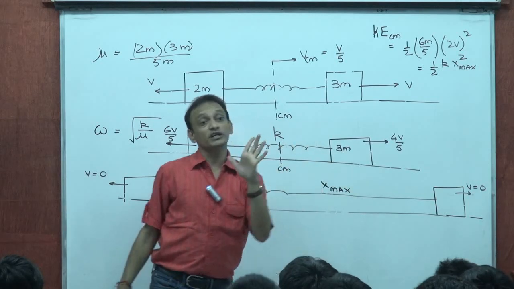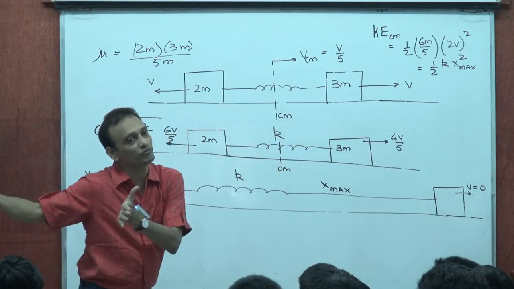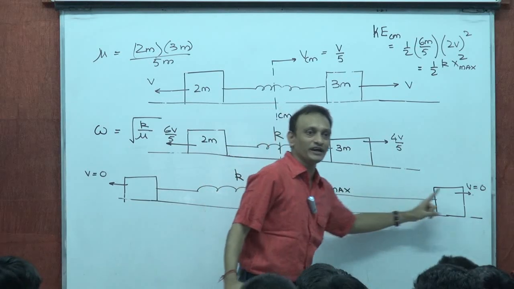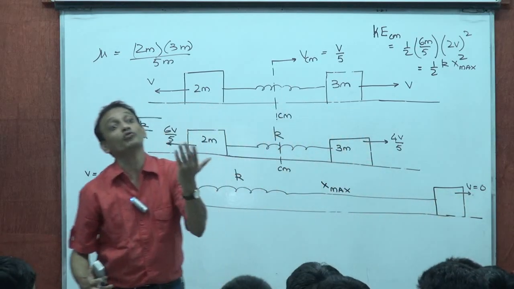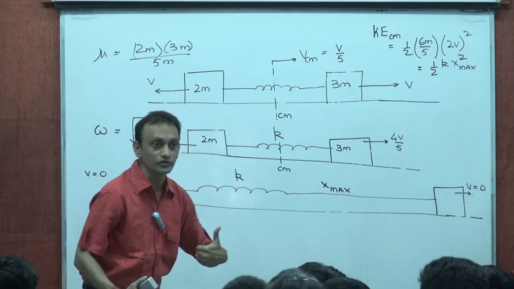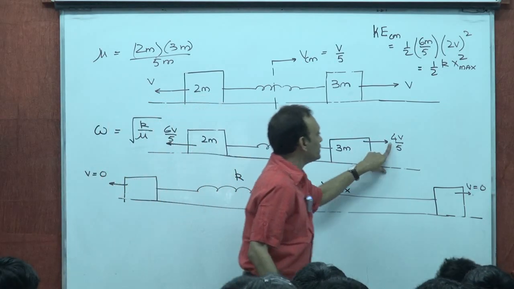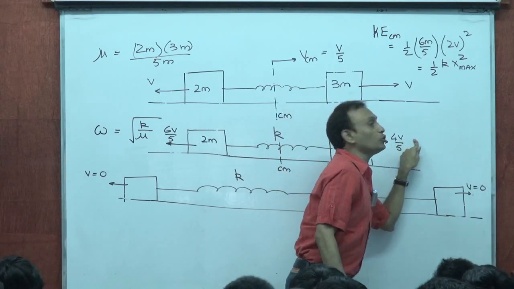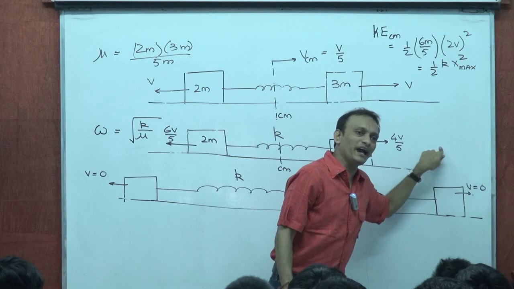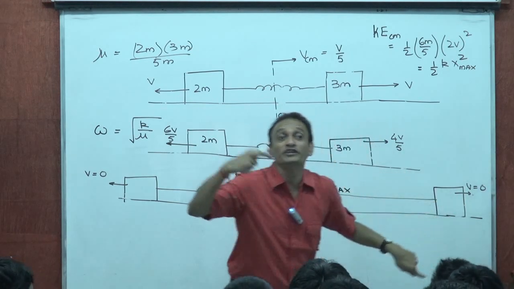What's the displacement in the center of mass frame? The amplitude of motion of this, isn't it? From here to here, in the center of mass frame, it has moved by an amount equal to the amplitude. Now, what is the amplitude of this? The amplitude of this is going to be, this is the mean position for 3m because no forces are acting. V equal to A omega. Omega is known. So the amplitude of this can be known, yes or no, right?